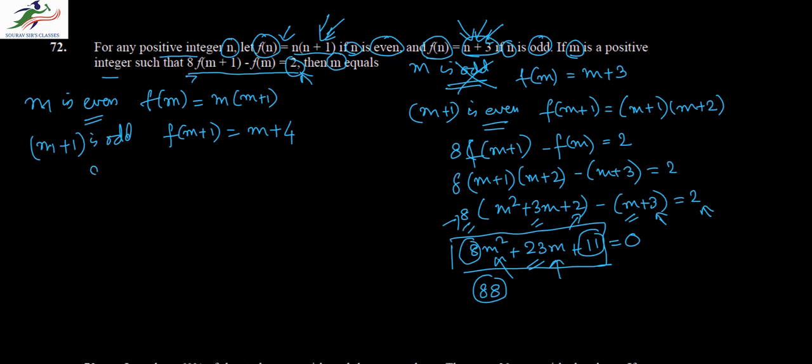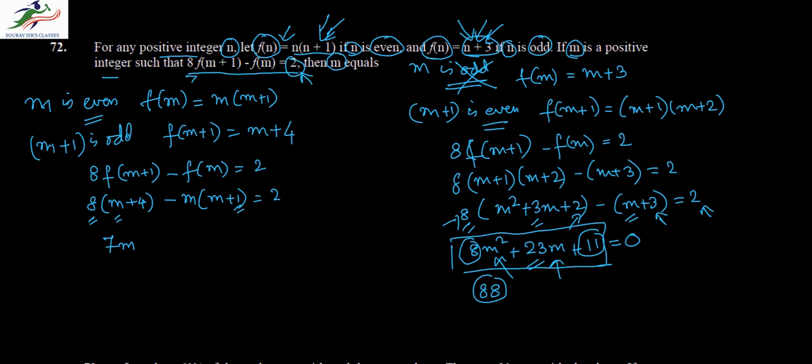And we have 8 into (f(m plus 1) minus f(m)) is equal to 2, or 8 into (m plus 4 minus m into m plus 1) is equal to 2, or we get 8m minus 1m, which is 7m, and 8 into 4, 32, minus 2, which is plus 30, and we get minus m into m, which is minus m square, is equal to 0.